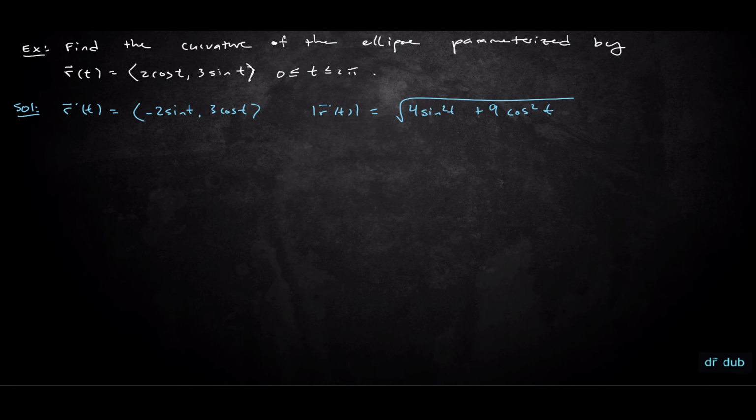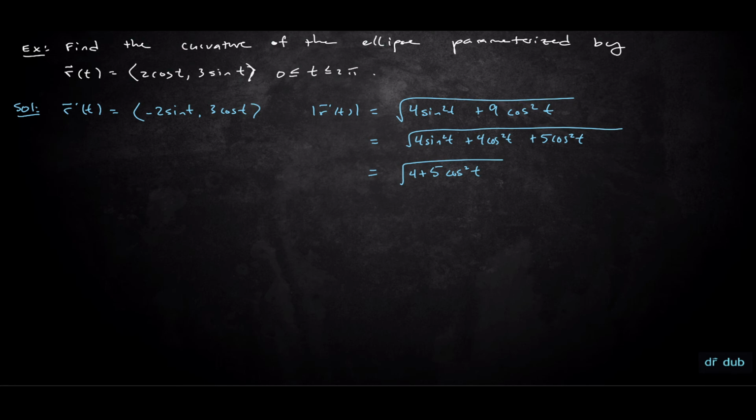So I could break it up as 4 sine squared t plus 4 cosine squared t plus 5 cosine squared t, because 4 plus 5 is 9. The first two, 4 sine squared plus 4 cosine squared, is just 4. So I could say the square root of 4 plus 5 cosine squared t. So that's the magnitude of r prime.